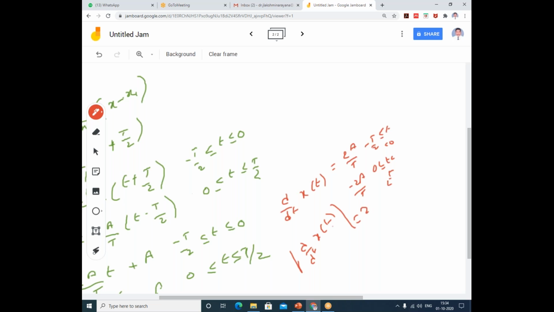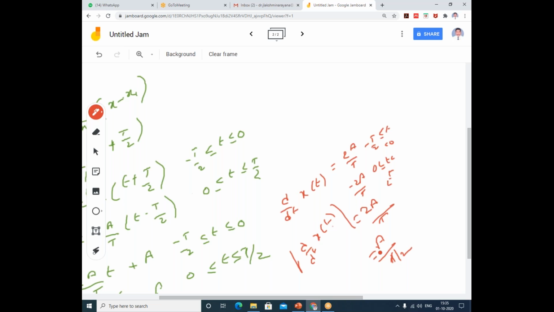The magnitude of d by dt of x of t is nothing but 2a by capital T, which I can write as a by T by 2. Can I write it like this or not? Now please try to understand.